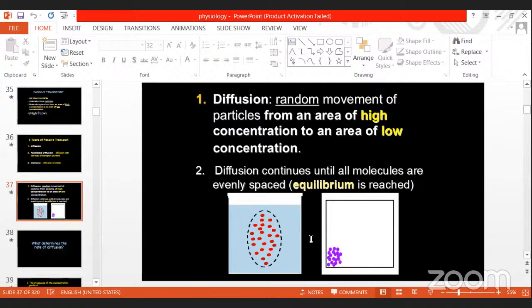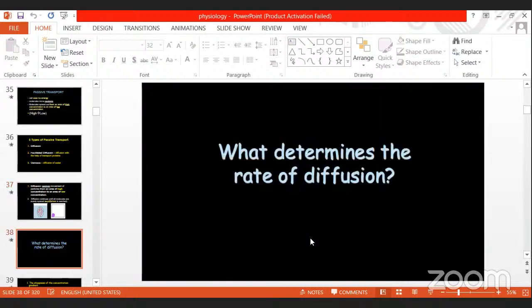Diffusion is the random movement of particles from an area of high concentration to an area of low concentration, high to low, until an equilibrium is reached.